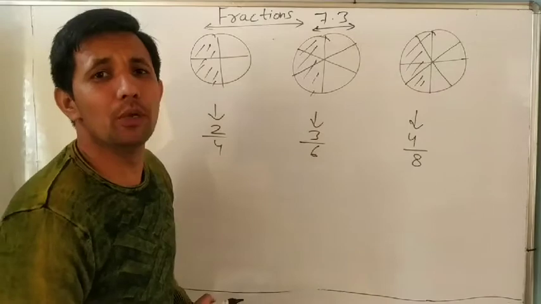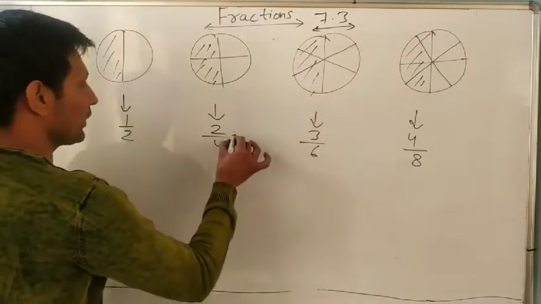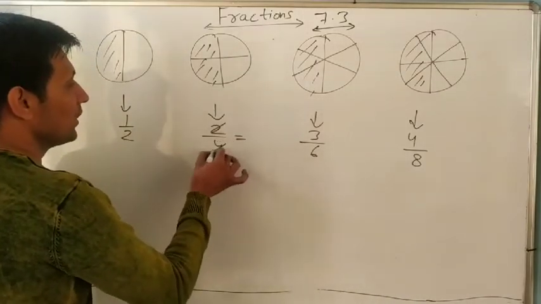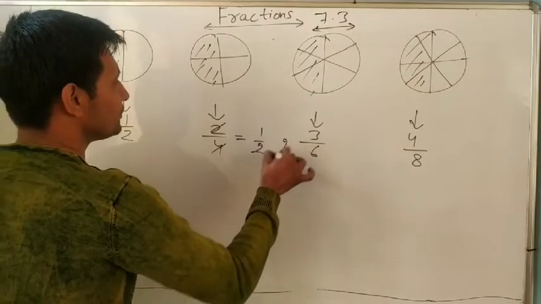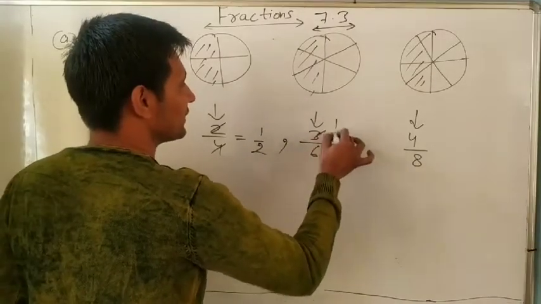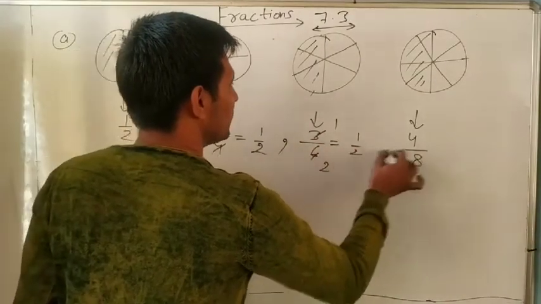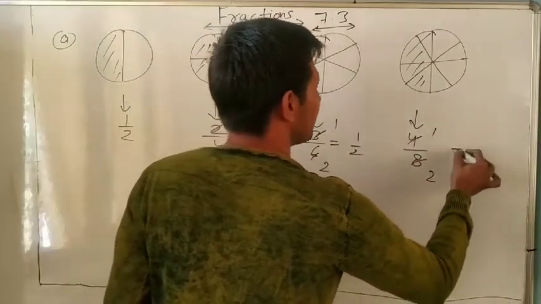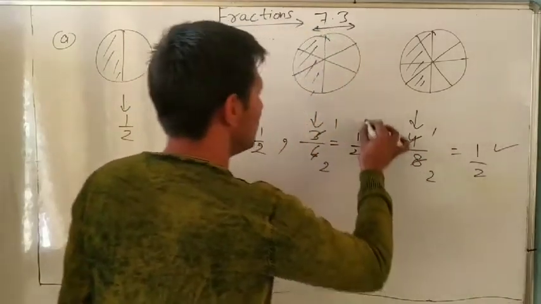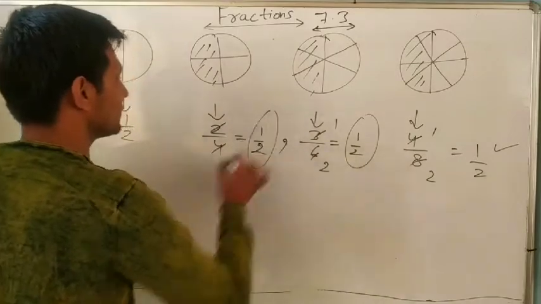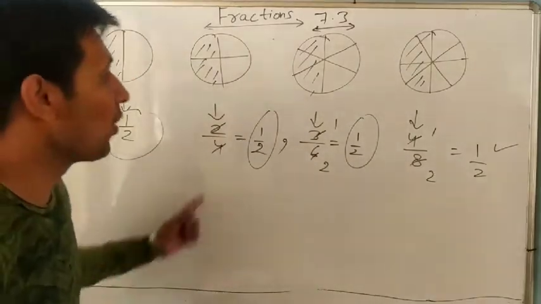Otherwise, how will you find it? For 2/4, 2 ones are 2 and 2 twos are 4, so it is 1/2. For 3/6, it is also 1/2. For 4/8, it is also 1/2. All are equal.